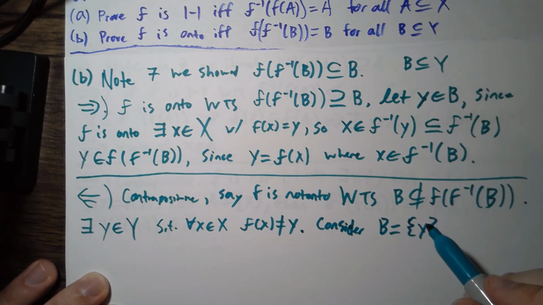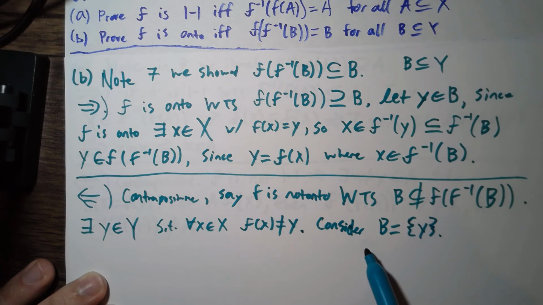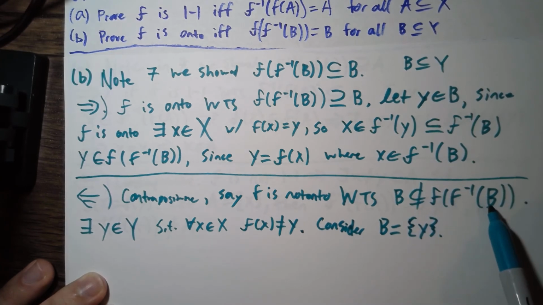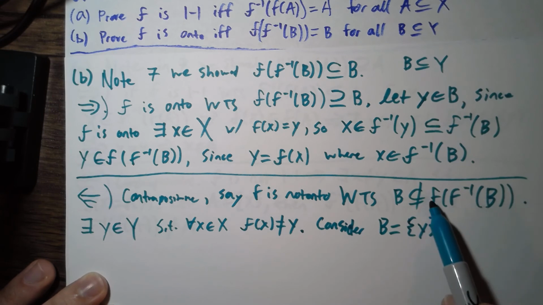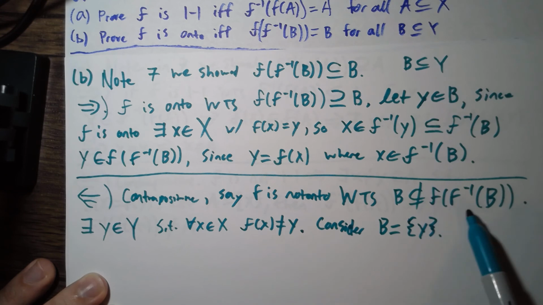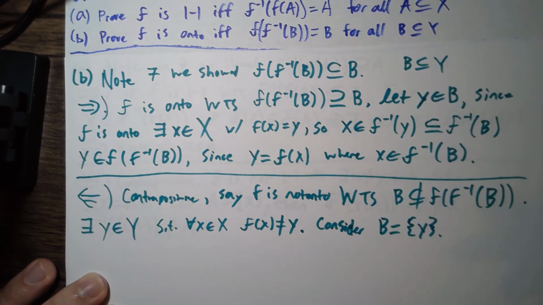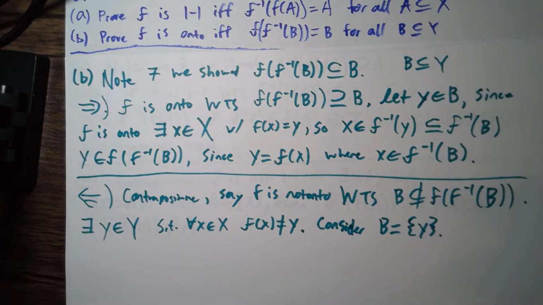The entire idea here is that, because we have this condition, B will not be a subset of f of f inverse of B, because f of f inverse of B is going to be contained in the range, but y is not in the range of the function. So this tells us that this is not true, and hence by the contrapositive we have that this statement is true. And that's how you prove this. Alright, thanks for watching.